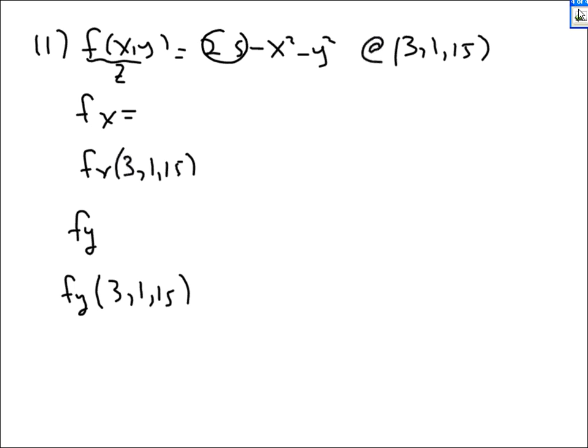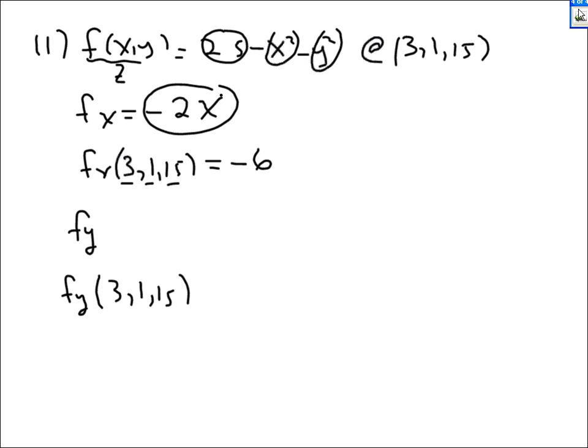The derivative of this with respect to x is 0. The derivative of that with respect to x is negative 2x. And the derivative of this with respect to x is 0. When x is 3 and y is 1 and z is 15, this is negative 6.